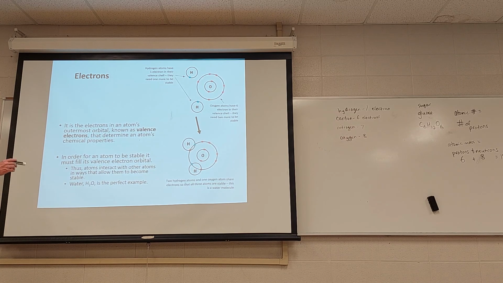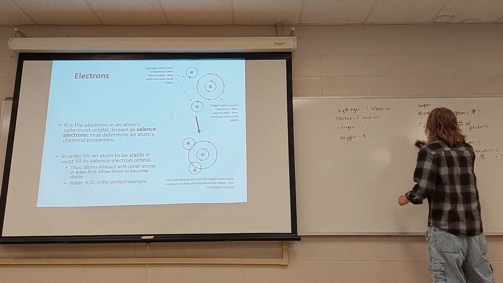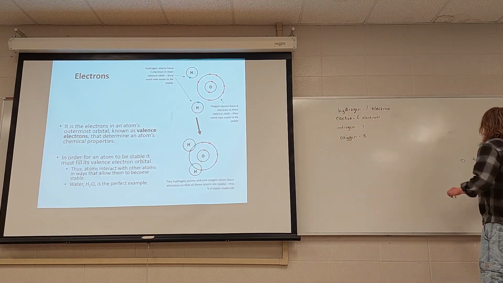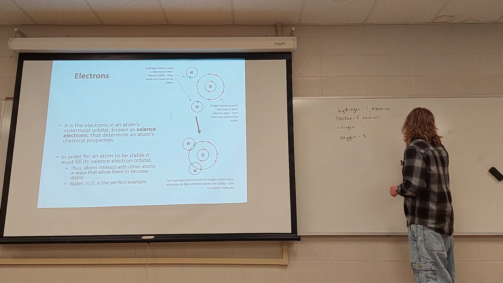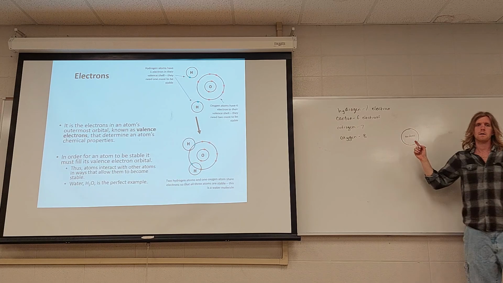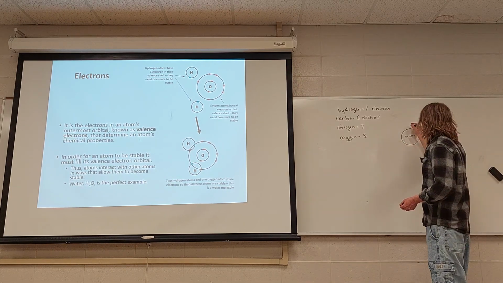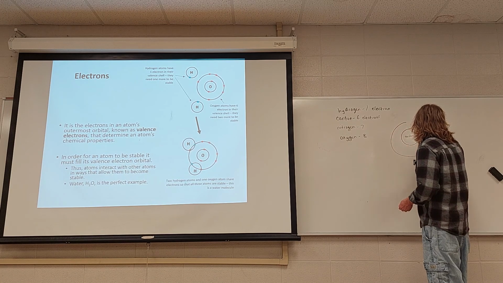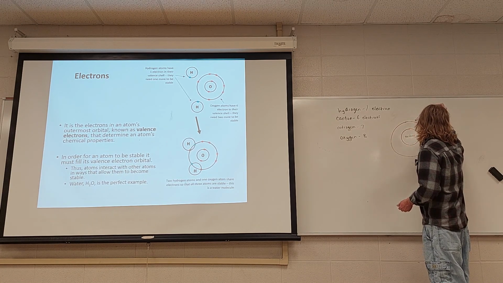Okay. Let's try and go through what's going on in this slide. So how it works is you've got the nucleus here in the center. That's where the protons and the neutrons are going to be. And then you've got, surrounding the nucleus, these things called orbitals.